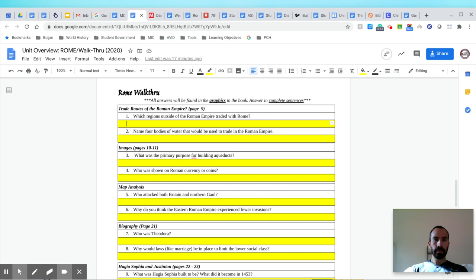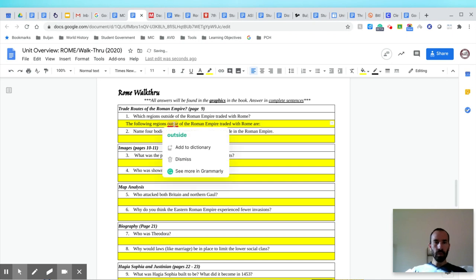The following regions outside of the Roman Empire traded with Rome are, and you can just list them out there.